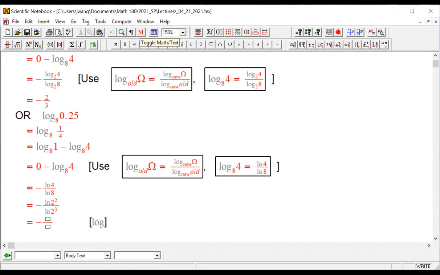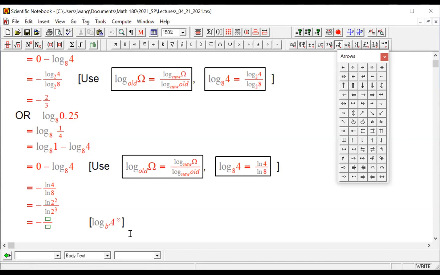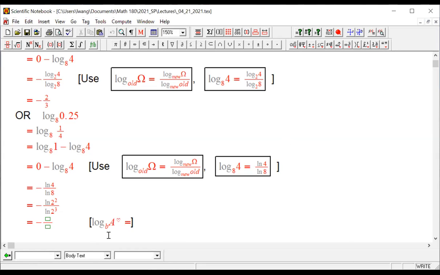Log base B of A raised to the power of n equals n times log base B of A. This is called the power property.